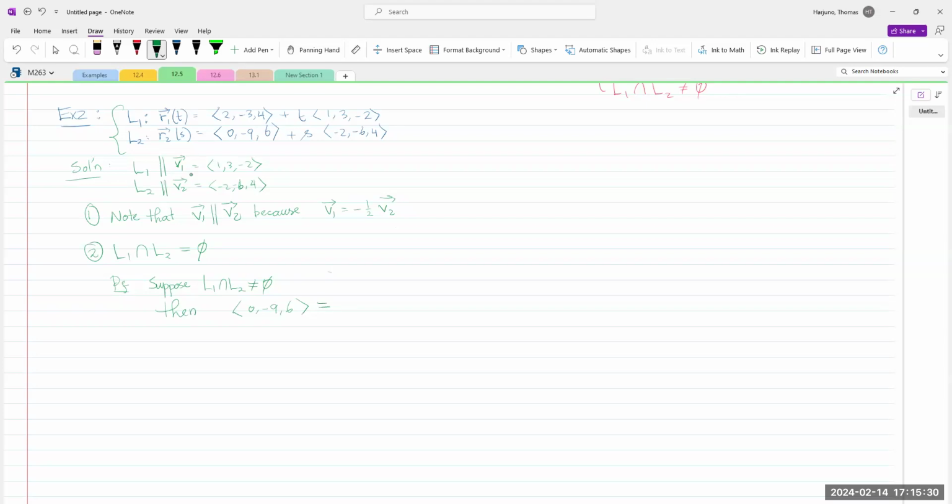Think of it this way: if they are parallel but they have one common point, they must have common points everywhere, right? Which implies I can use line 1 to reach any points in line 2. One of them is (0, -9, 6). So (0, -9, 6) equals (2, -3, 4) plus t times (1, 3, -2) for some t. There is a t such that when I use that t, I will get this point.